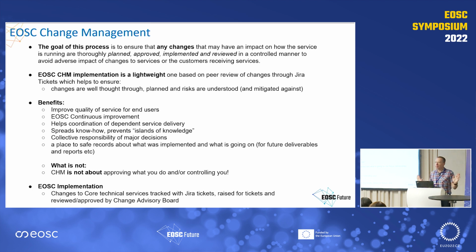Problems happen, problems always happen, but at least we can have a good go before those problems happen of trying to prevent them and understanding afterwards how we can stop them happening again in the future. So this is what change management is all about.